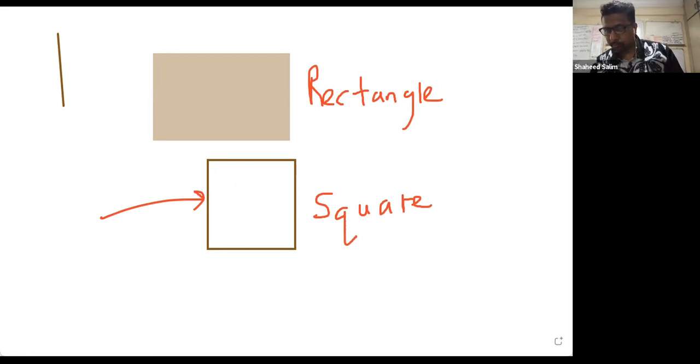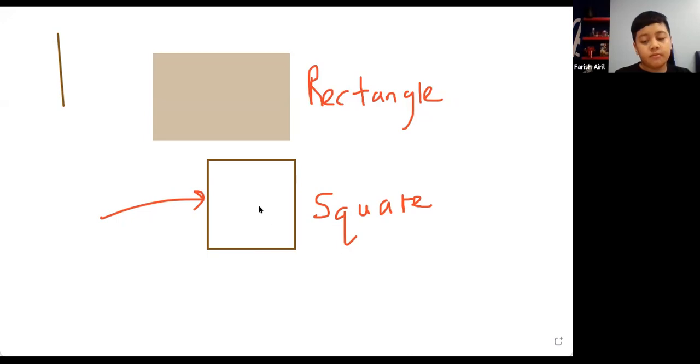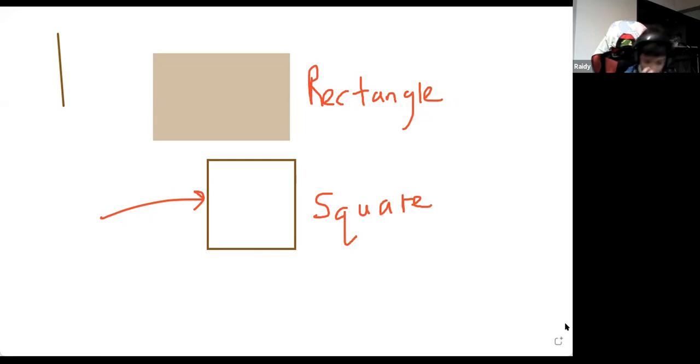Can or cannot? Let's say it's all sides the same. Can I call it a rectangle? Cannot. Putri also says cannot, right, Putri? What about Nayumi? You think I can call this one a rectangle? Cannot. Raidi? No. Okay. Now I'm going to tell you the surprise.